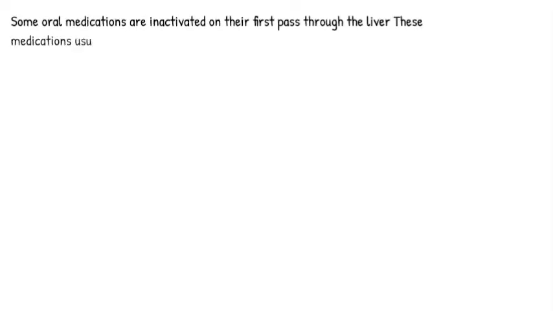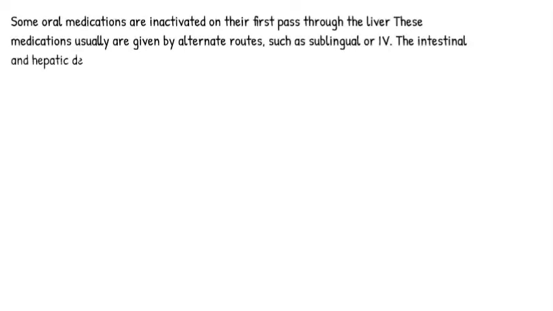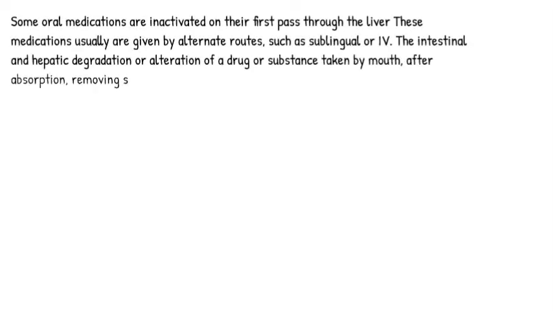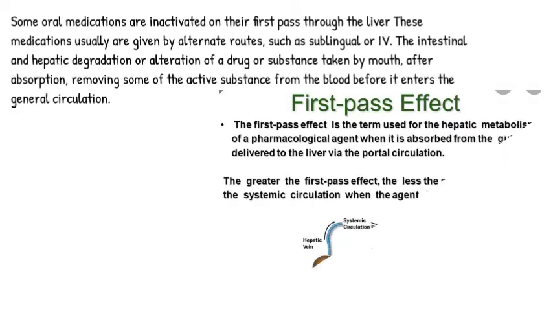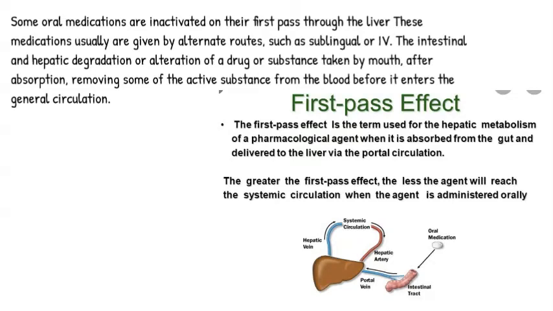So while we're talking about the liver, it's important that we talk about the first pass effect. Now this first pass effect is usually with oral medication. So in order to bypass the first pass effect, we give the medication by an alternate route, such as IV. That way it gets into the patient's bloodstream a lot quicker and the patient has relief almost immediately.